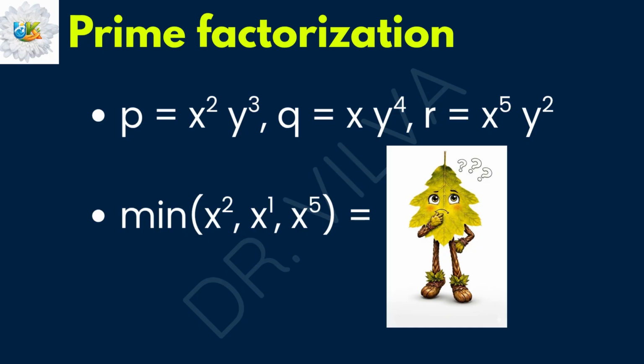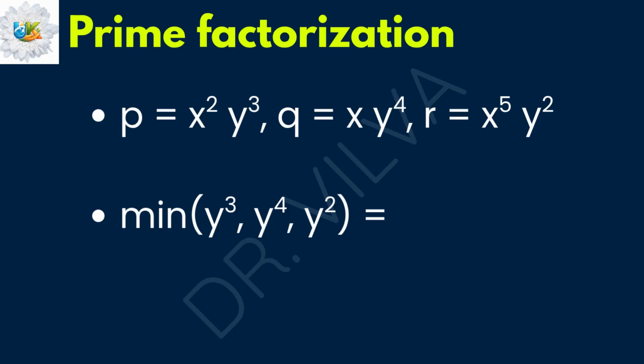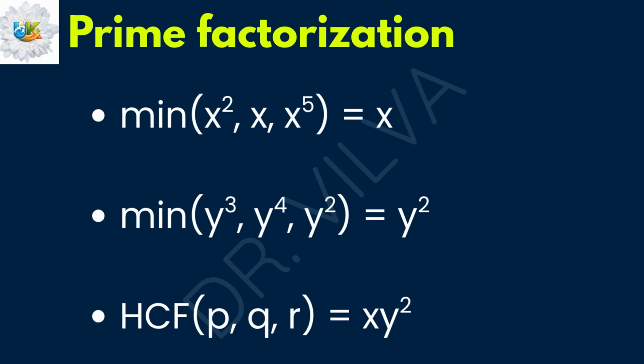What is the smallest power here? It is just x or x power 1. Now, let us look at y. We have y cube, y power 4 and y square. The lowest power here is y square. Multiply them together. Bingo! Our HCF is x y square.